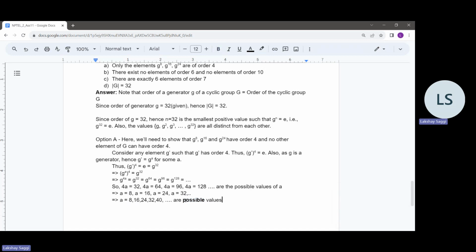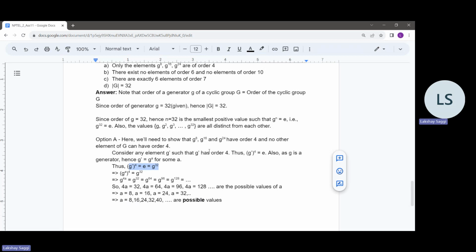And why am I saying these are possible values? Because I have used the property that G prime equals G raised to the power A and equated that G prime raised to the power 4 is equal to E is equal to G raised to the power 32.